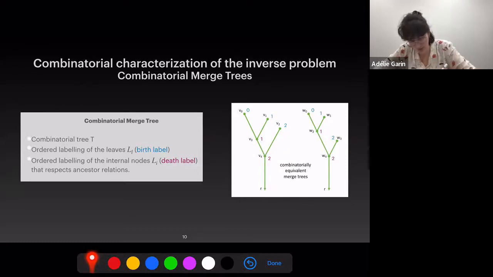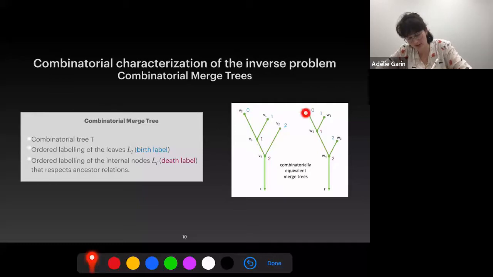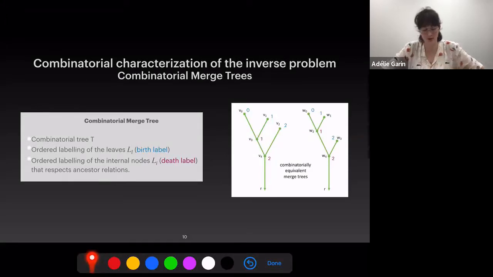So here we have 0, 1, 2, 1, 2, and here we have 0, 1, 1, 2, 2. But they're still combinatorially equivalent merge trees because if you just consider the leaf nodes, the order is preserved, and for the internal nodes, the order is preserved. So death and birth labels are preserved. And this will be enough to completely characterize the inverse problem, so the fiber of the persistent map, if you want.